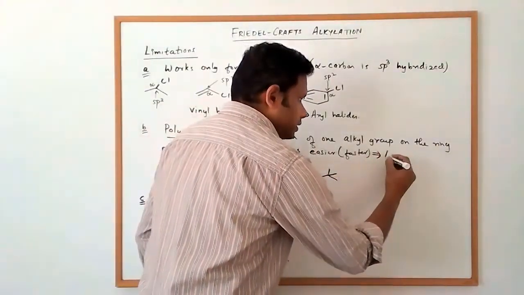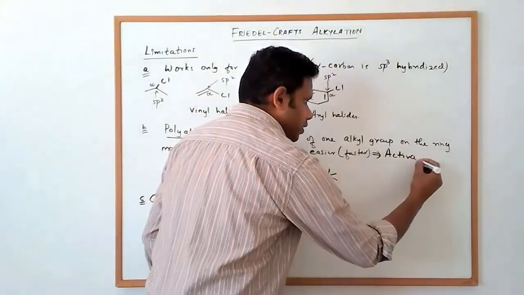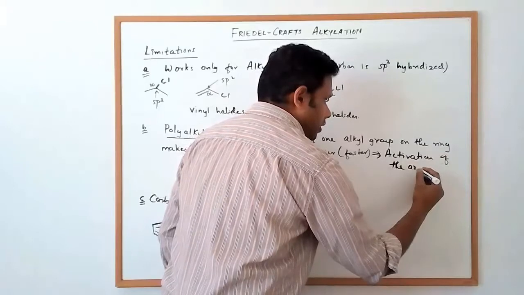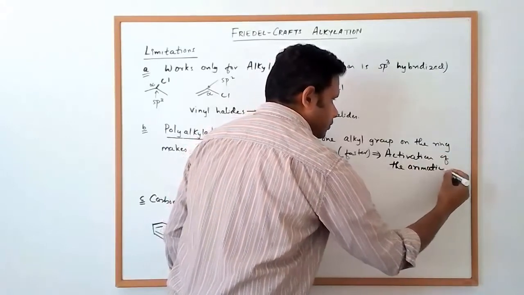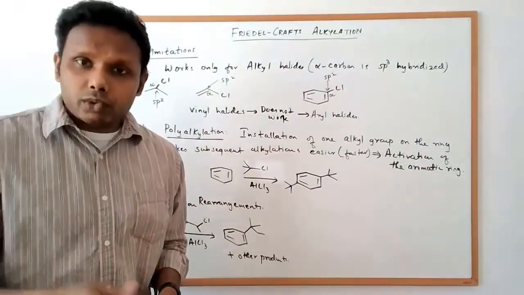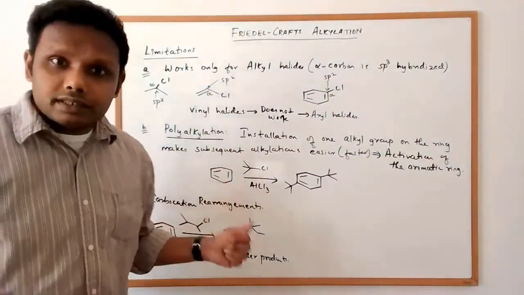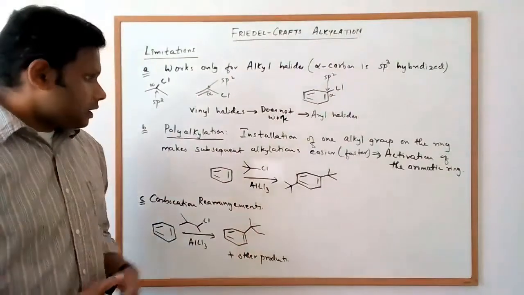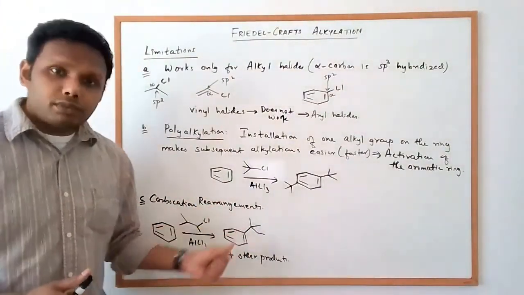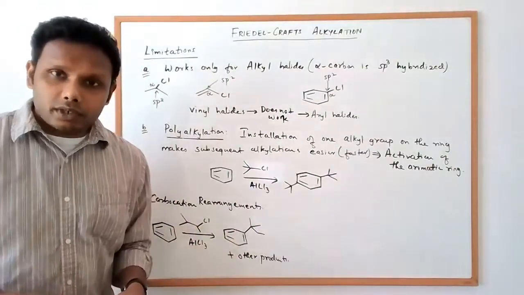And we call this the activation of the aromatic ring, which basically means that the compound reacts faster than benzene itself. And then the third limitation is the possibility of carbocation rearrangements.